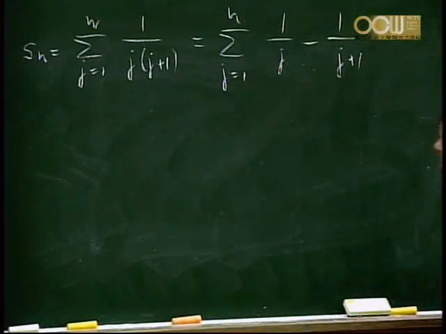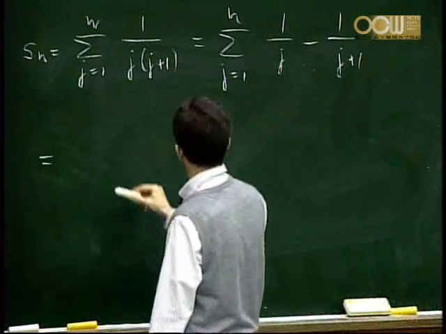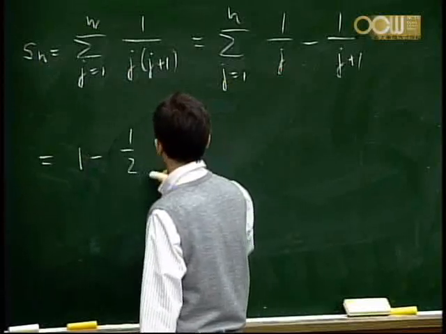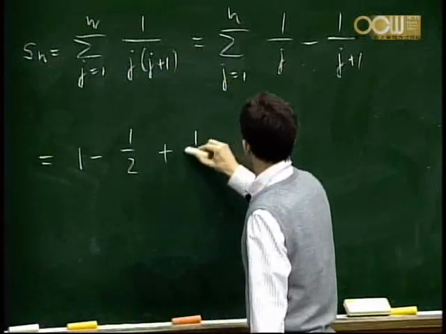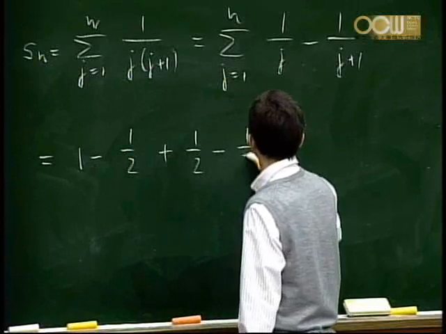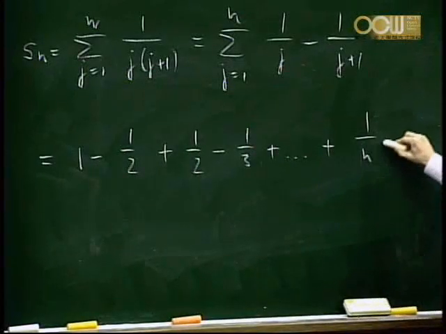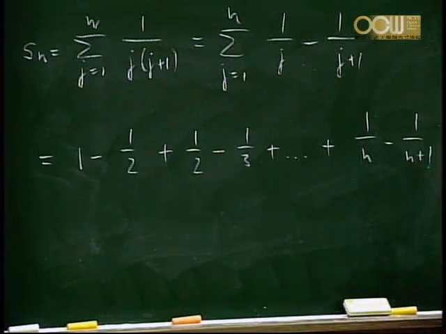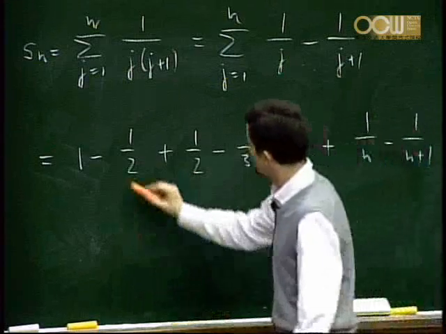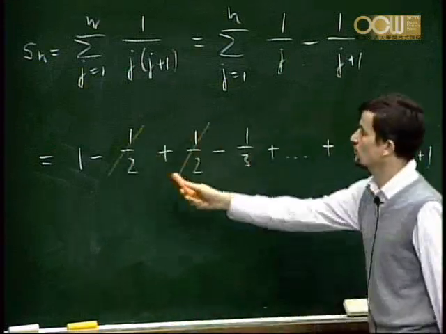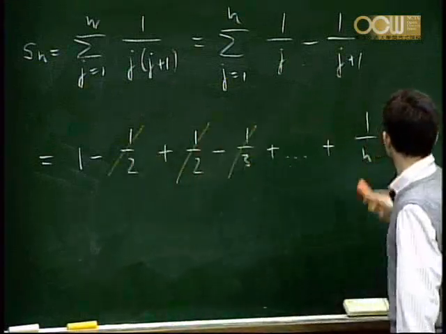Now this is the usual trick. You have 1 minus 1 half, then plus 1 half minus 1 over 3, plus, and you move on like this. The last one is 1 over n minus 1 over n plus 1. You are getting lucky now because those all cancel. Also this one cancels.